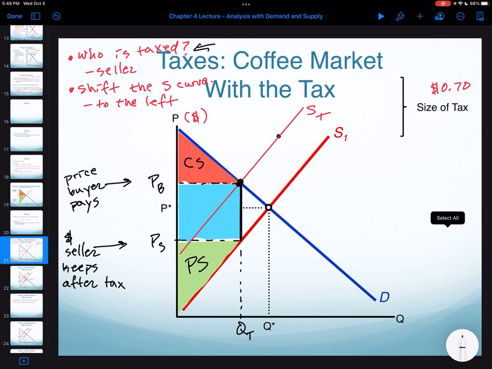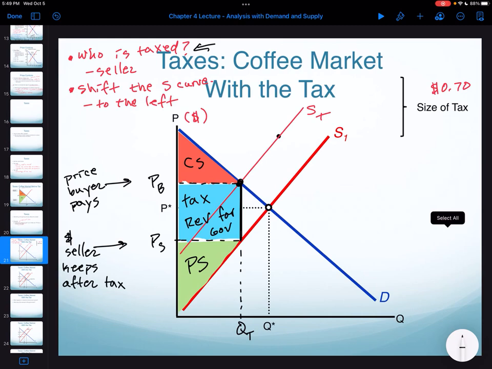The base of this rectangle is the quantity of coffee that's consumed after the tax, and the height of this rectangle is the size of the tax. So if you multiply the tax by the quantity, you get the total tax revenue to the government. So this is tax revenue for government, okay? So this rectangle right here in the middle is always labeled as tax revenue, okay?